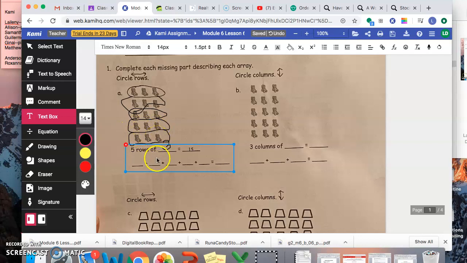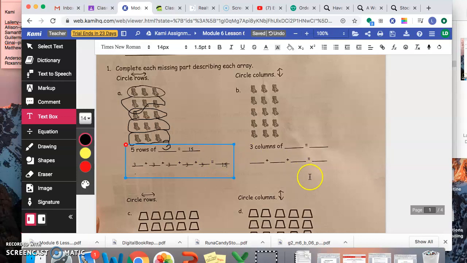So that's 15. Now you have to put your repeated addition equation that would go with this, okay? So we just said that it would be 3 plus 3 plus 3 plus 3 plus 3, which would then equal the same total as here, 15.